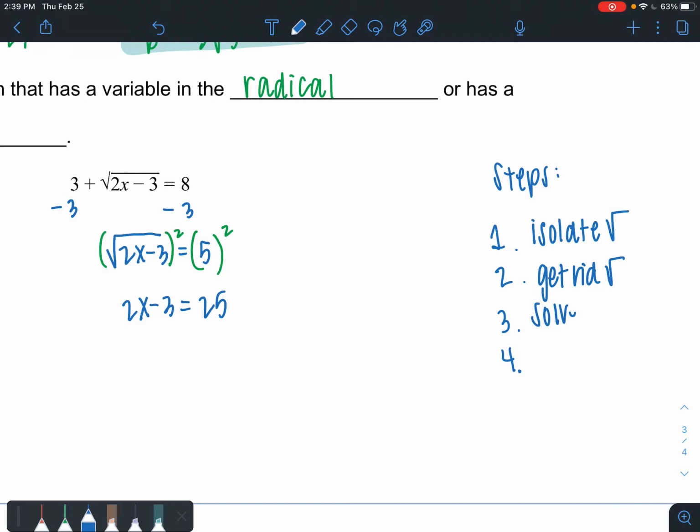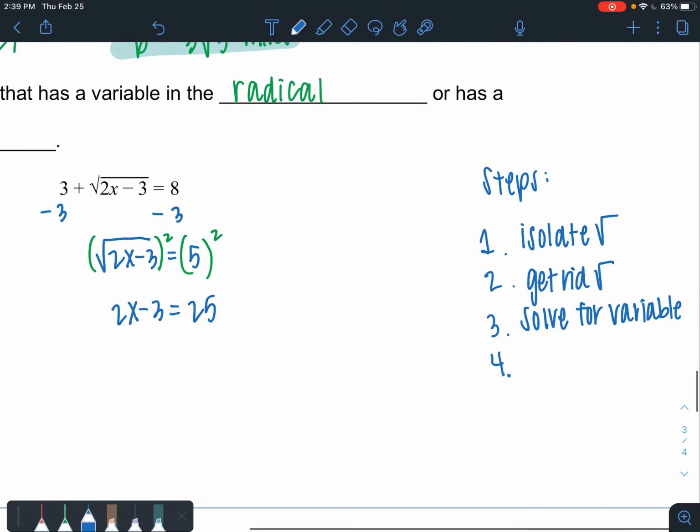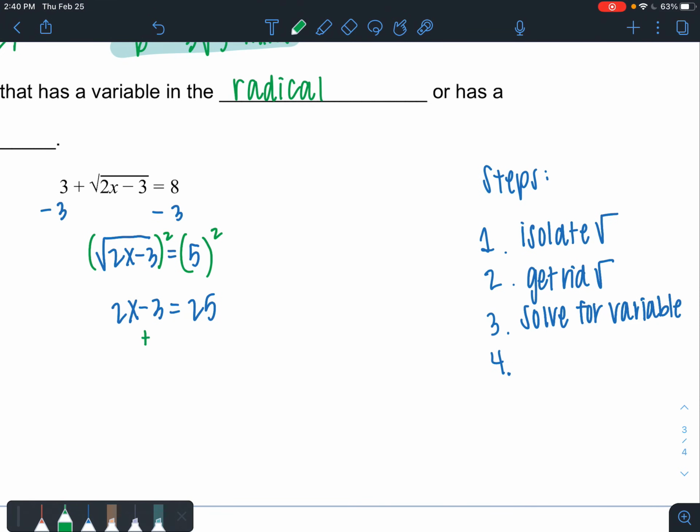Step 3 is going to be to solve for x, or for the variable. So we're going to add 3 to both sides. We get 2x equals 28. Divide by 2. And x equals 14.